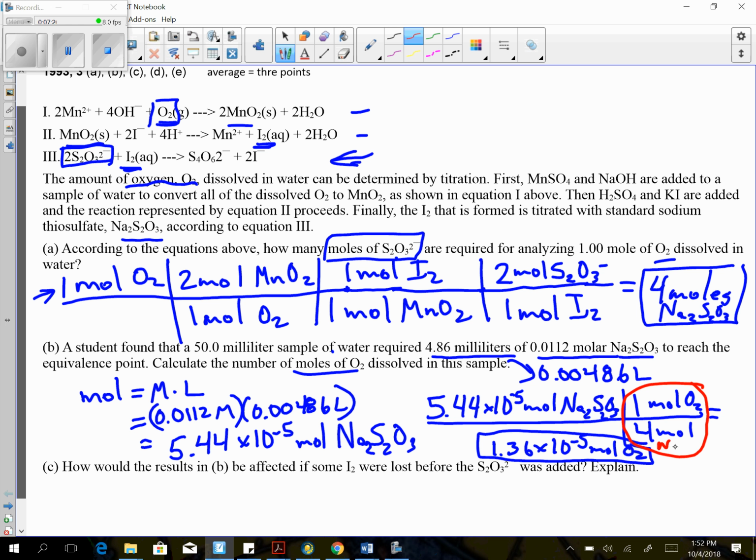In problem A, I found that 1 mole of oxygen reacts with 4 moles of Na2S2O3. Why is it just the S2O3? Because the sodium ion is a spectator. So you can write it like this, or you can write it all together. It's the same one.